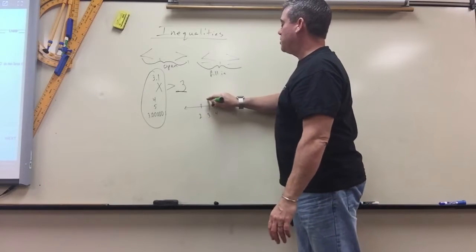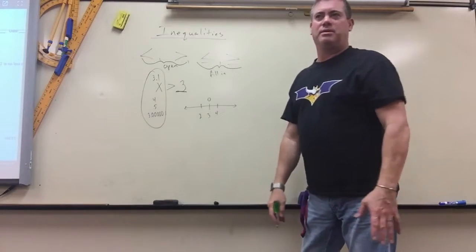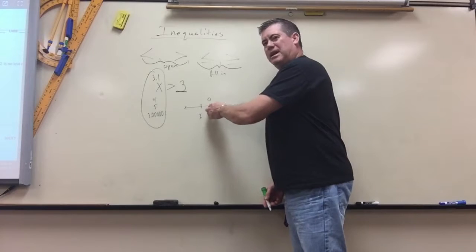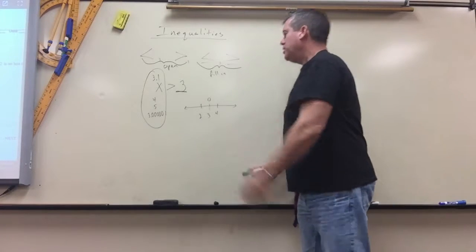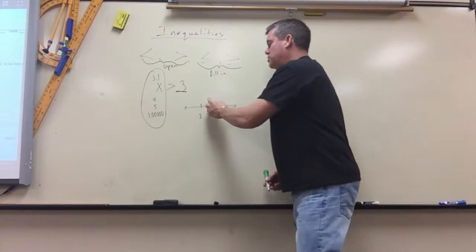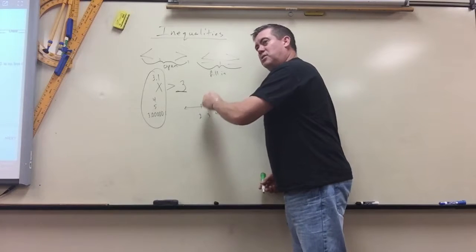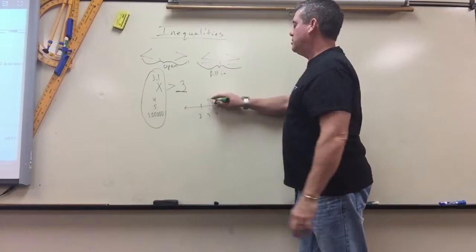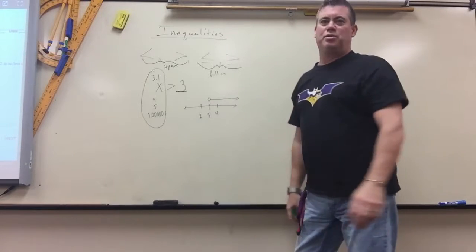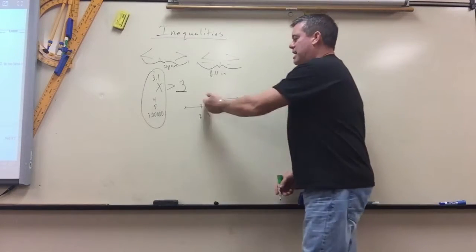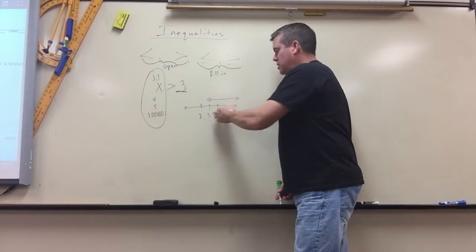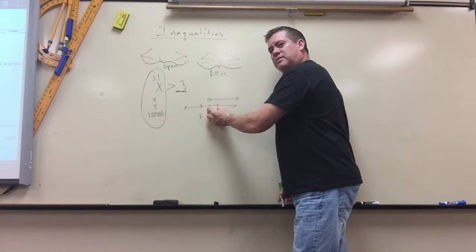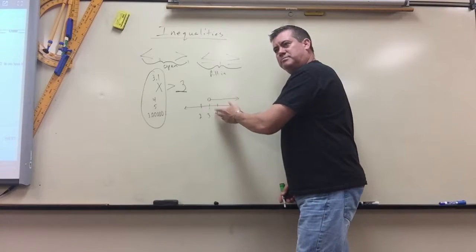In the book and in your worksheets, they put it right on the line, but then it's hard to see, so we just put it above. So we put a dot at 3, which means it starts at 3 but doesn't include it. Every answer is greater than 3, so everything goes to the right of 3. Everything underneath this line is a solution, even the numbers in between, which are fractions and decimals.